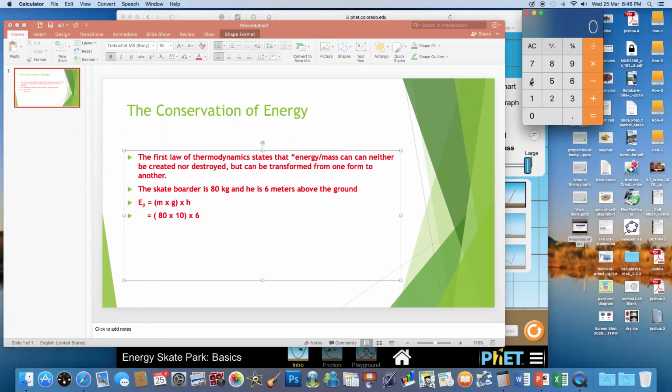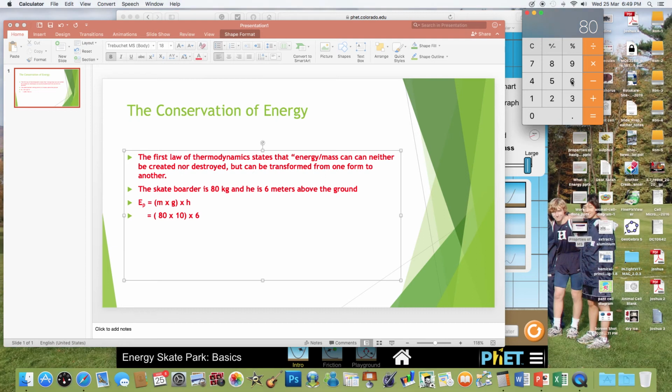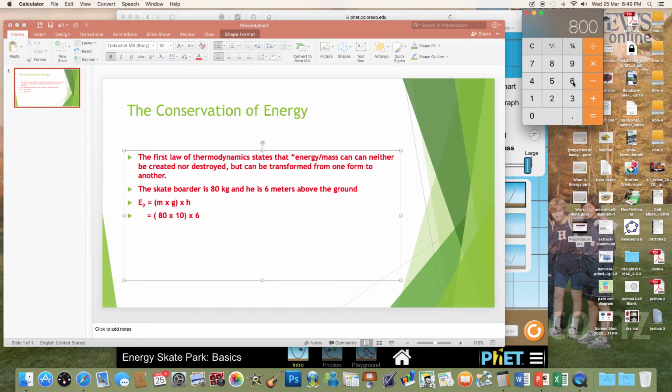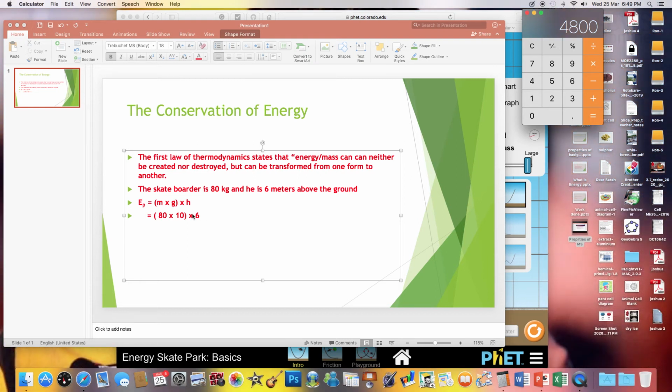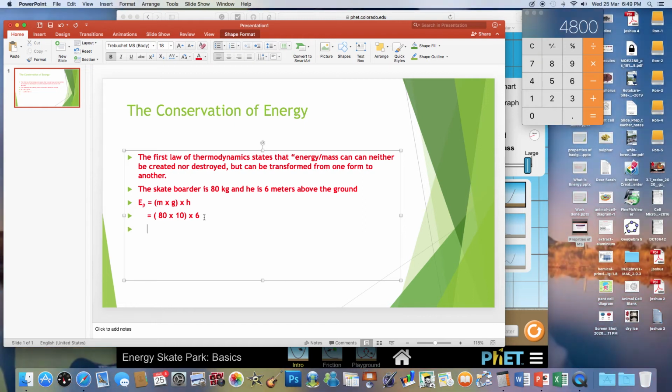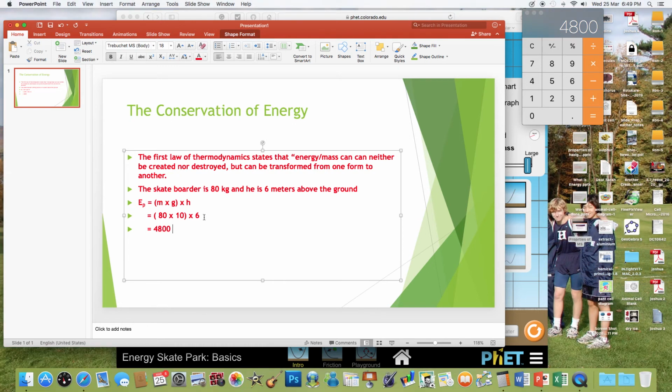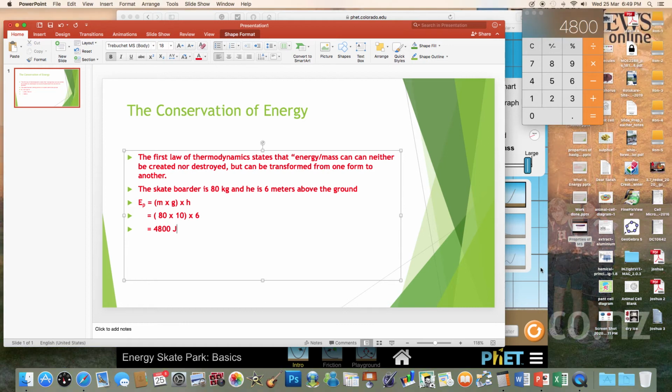So 80 times 10, that's 800, times 6 equals 4,800 joules. So his potential energy at the top of the ramp is equal to 4,800 joules. And remember, joules has to be with an uppercase J.